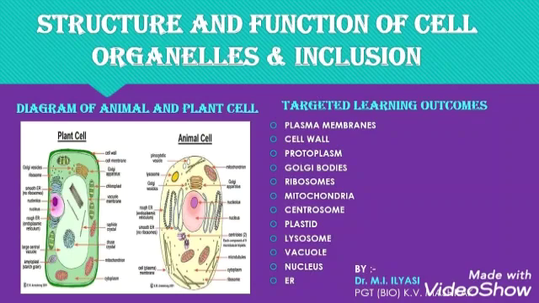It is the process of movement of water from its high concentration to its low concentration through a semi-permeable membrane. If the medium surrounding the cell has a higher water concentration than the cell, the cell will gain water by osmosis.